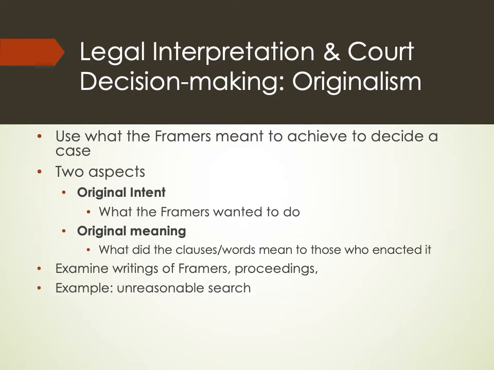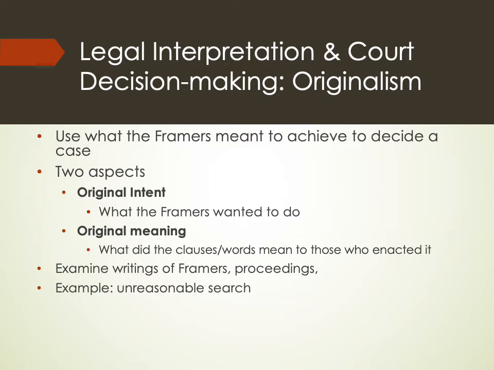An example of that would be the Fourth Amendment, which says that a person is protected from unreasonable searches. If you're an originalist using original intent, you would ask, when James Madison was writing the Fourth Amendment, what did he mean when he said unreasonable search?